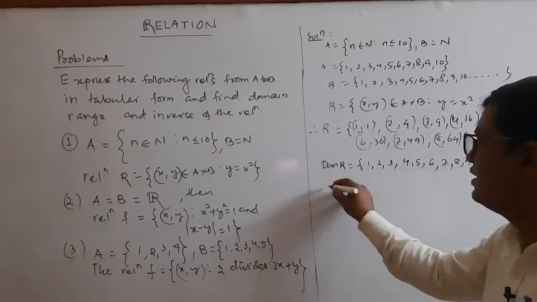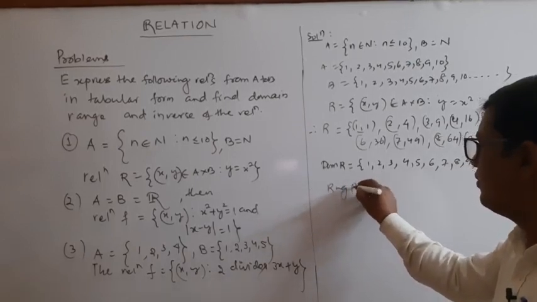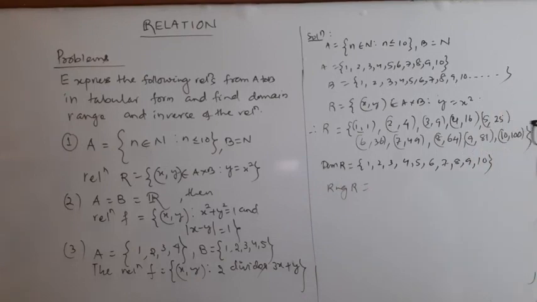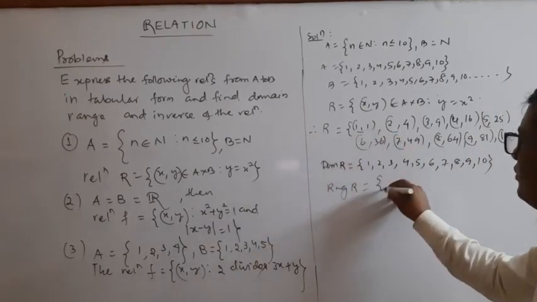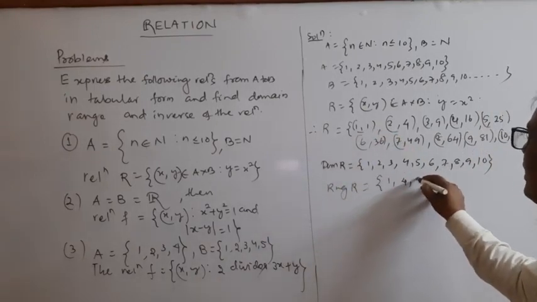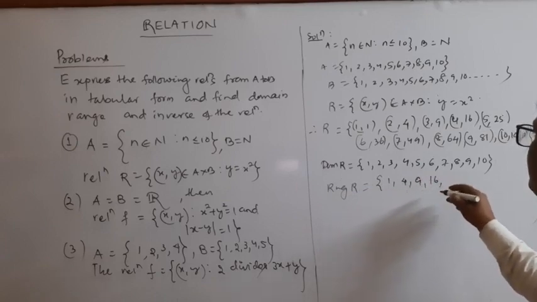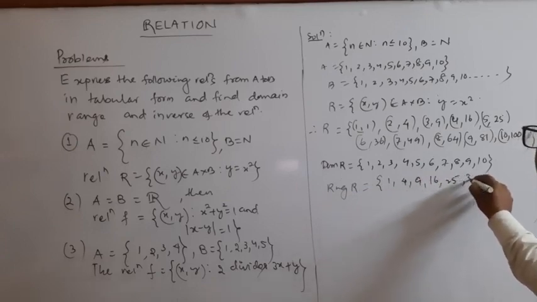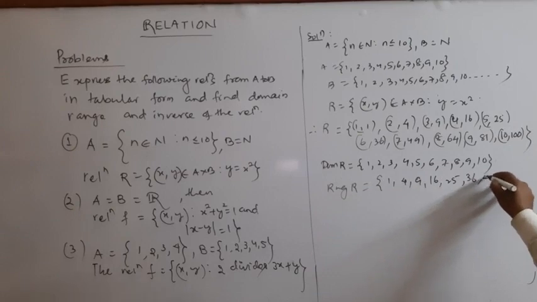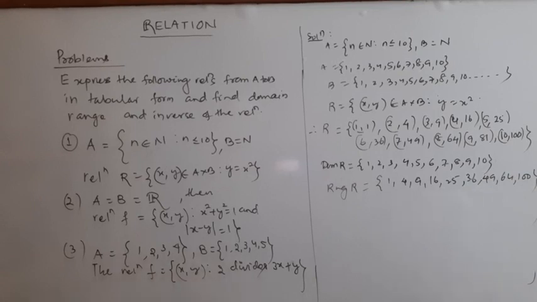What is range R? Range of R: write the second elements 1, 4, 9, 16, 25, 36, 49, 64, 81 and 100. This is the range. Now how to find the inverse of the relation?